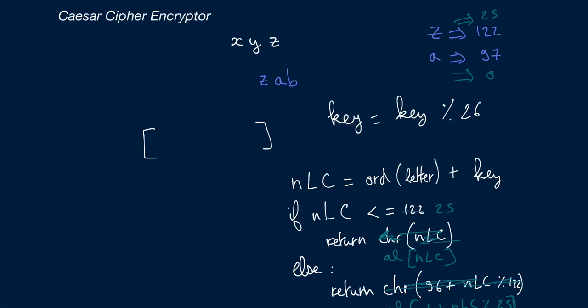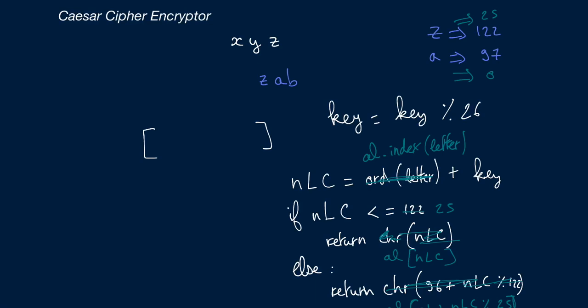Oops. And that would be your formula. And the last thing, to get the actual NLC, to get the code, you would not add the key to the ord function here, but you would say AL, your alphabet array, dot index letter. You would get the index that letter is located at in the alphabet array. And that's how you would do this question without using this Unicode stuff.